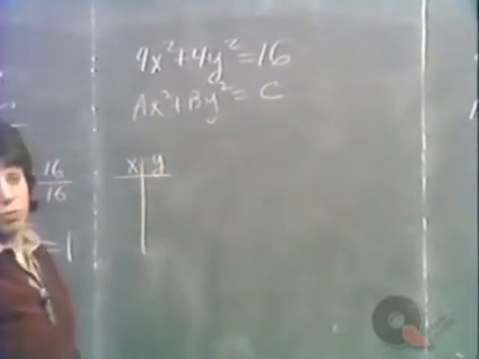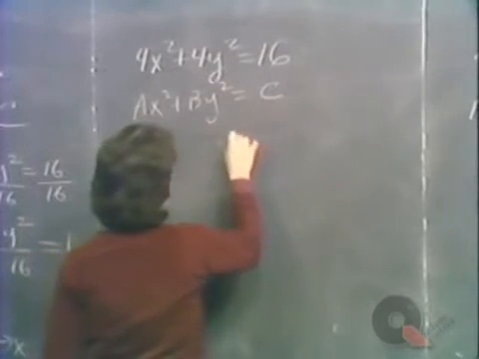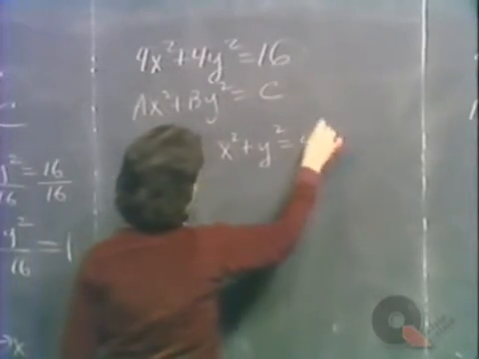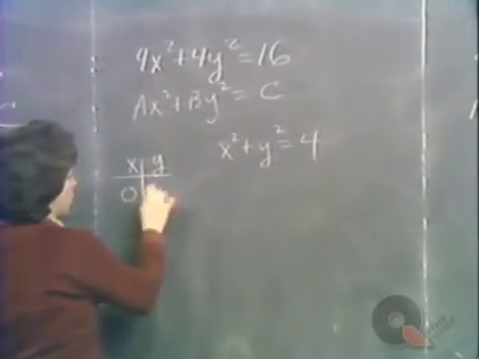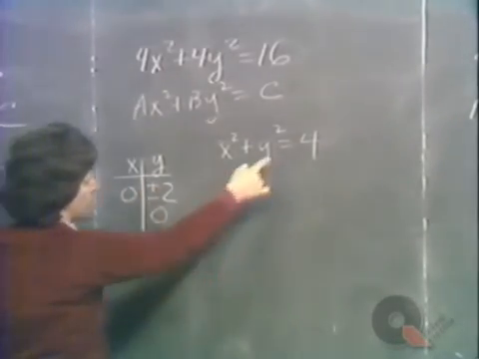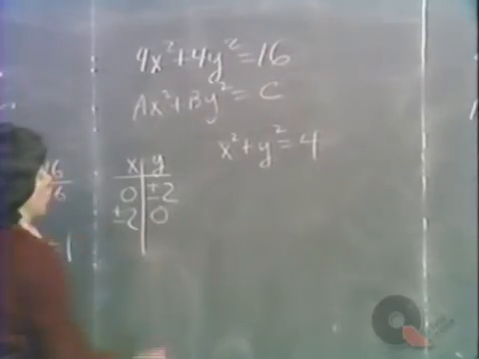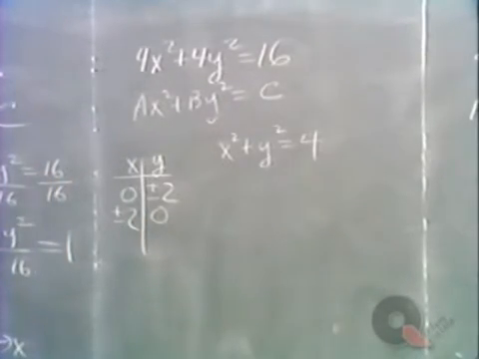You could, of course, divide through by 4 and see that it's x squared plus y squared equals 4. And when x is equal to 0, y is equal to plus or minus 2. If y is equal to 0, x is plus or minus 2. It's a circle with center at the origin and radius 2.